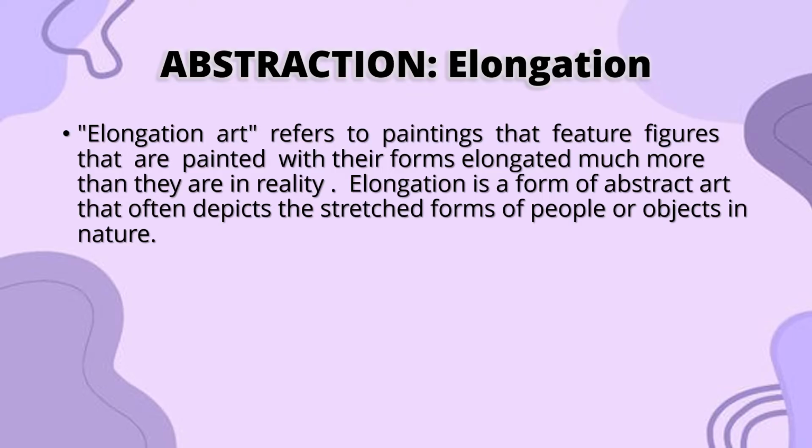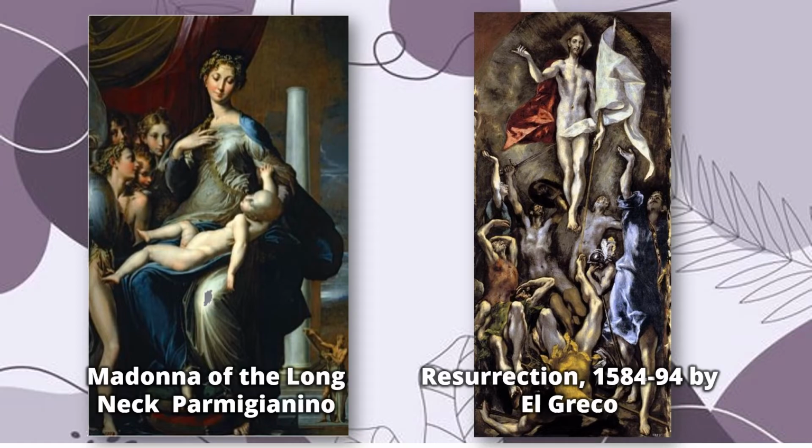So among the artists who created elongation art was early 20th century artist Amedeo Modigliani, who is renowned for his use of elongation in portraits as well as more abstract paintings. Some other artists known for using elongation in their paintings are Modern African, Ernie Barnes, and so on and so forth.